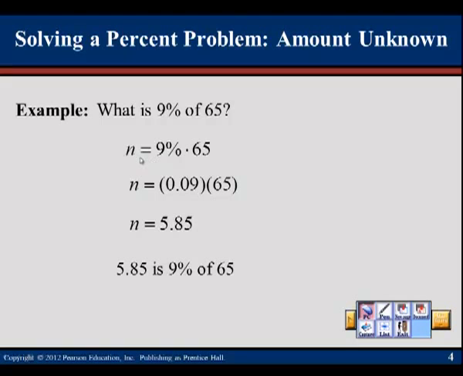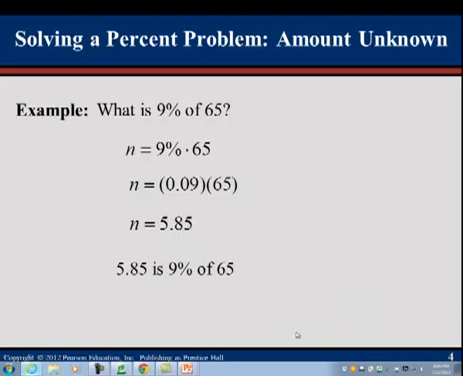So you're moving that 2 places to the left, and that gives you 0.09. So that's a tricky thing about percentages, is that you have to remember to move it two places. And so it's 0.09 times 65, and you get 5.85. Okay? So your amount is 5.85.